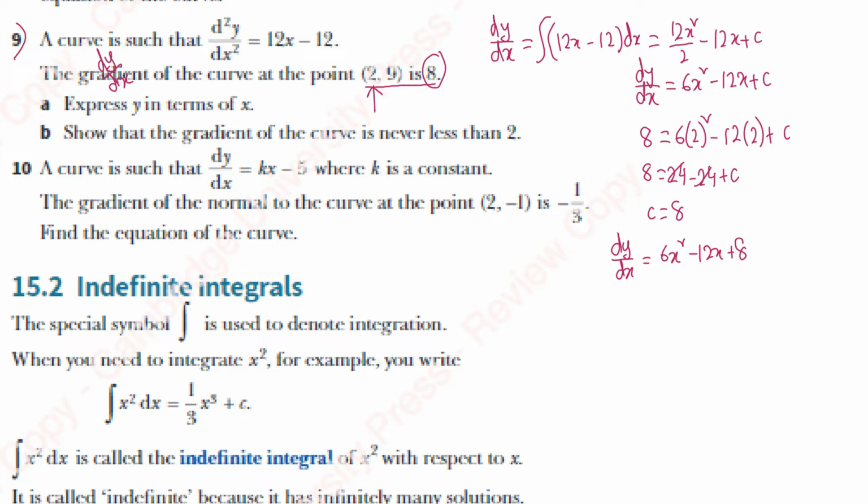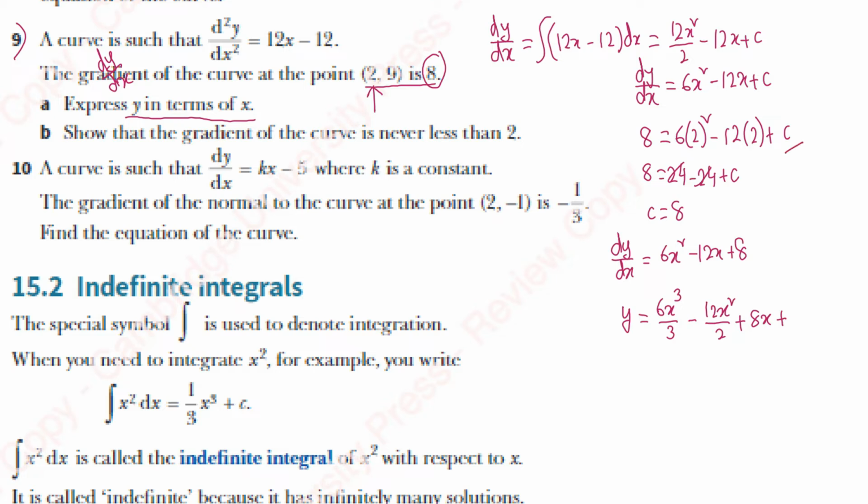So this is our dy/dx expression, but the question is to express y in terms of x. We need to integrate it again, so we can write 6x³ divided by 3, second time integration, 12x²/2 plus 8x plus a constant.